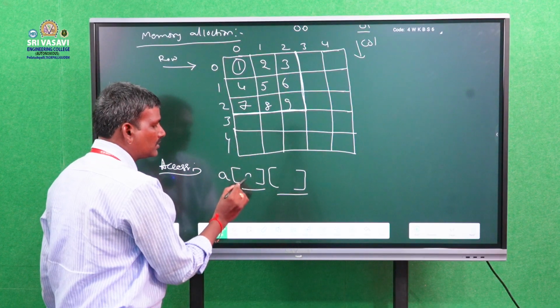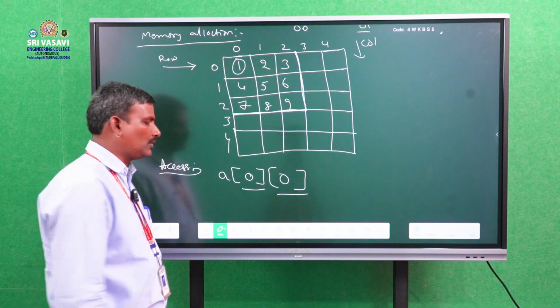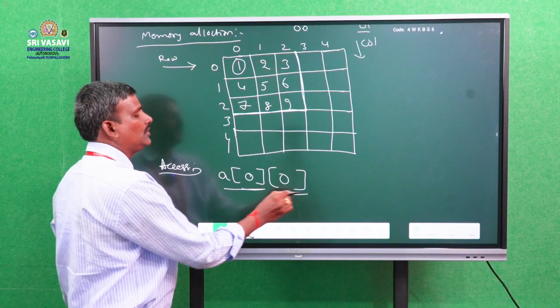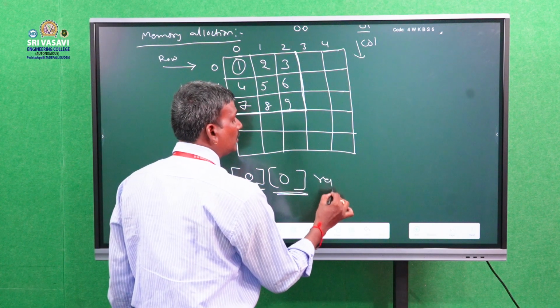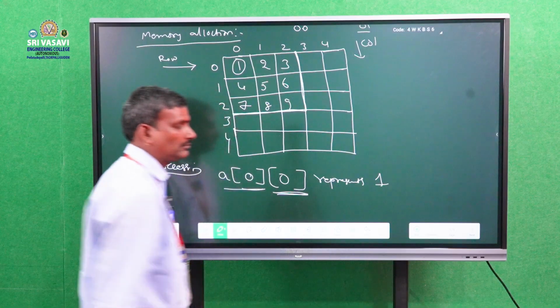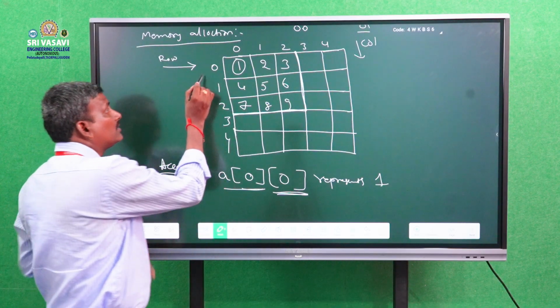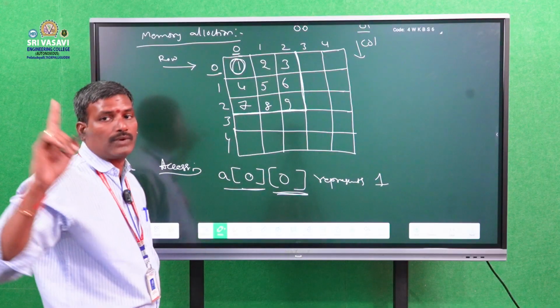I want to choose one element, so that we want to represent A of 0, 0. So A of 0, 0 represents value number 1. Why? Because 0th row and 0th column is value 1.